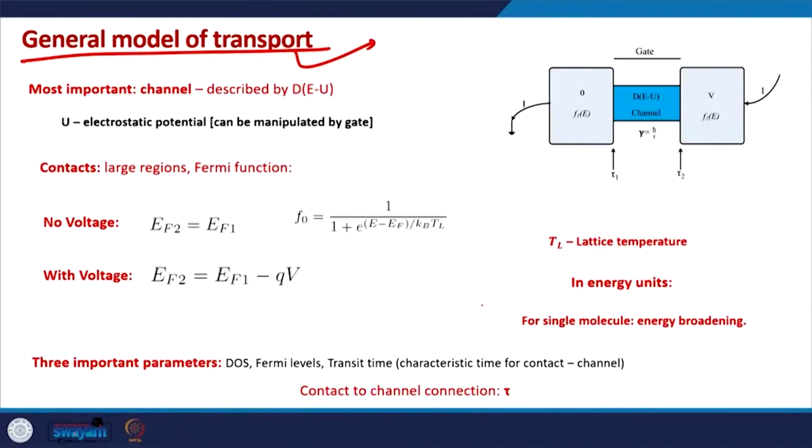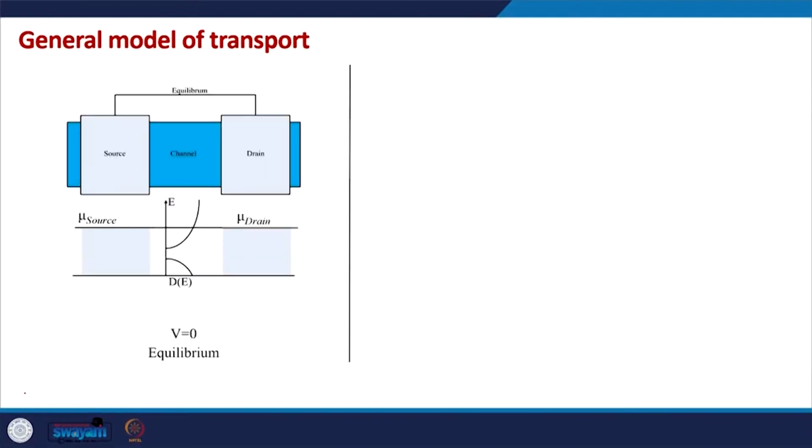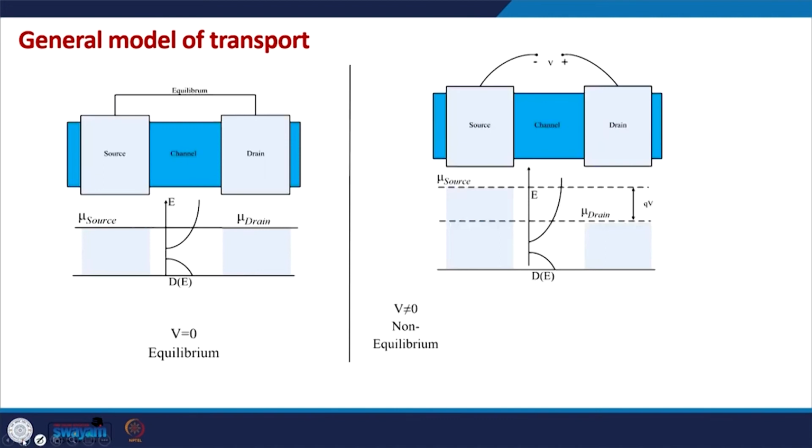Again I am not going into the details here, because this is going to be the subject matter of many classes. I am just giving an overview. We will see how systems behave in equilibrium when we do not have any voltage applied across the system, and how systems behave out of equilibrium or in steady state.